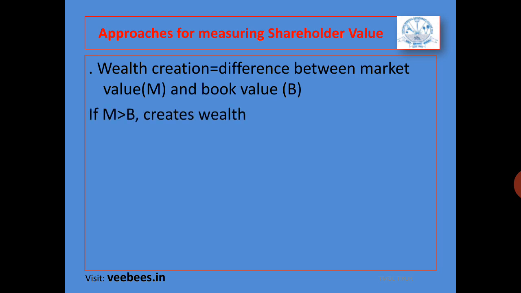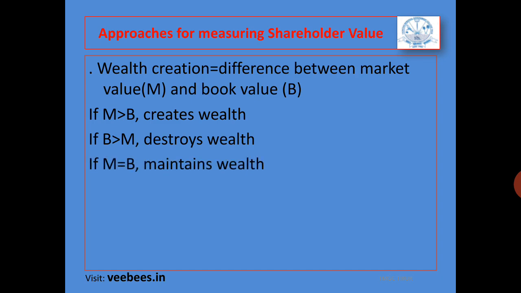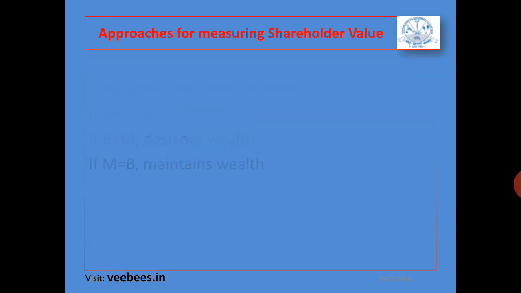If the market value is greater than book value, we say the company or the shareholders create wealth. If the book value is greater than market value of equity, we can say the shareholders are destroying the wealth. If the market value is equal to book value of equity, we can say the shareholders maintain wealth.